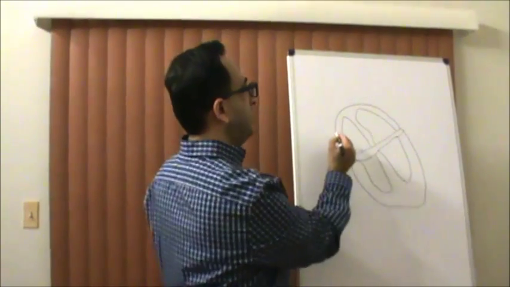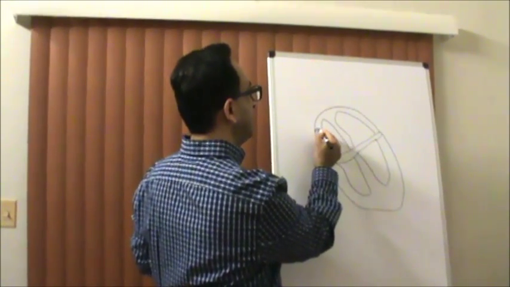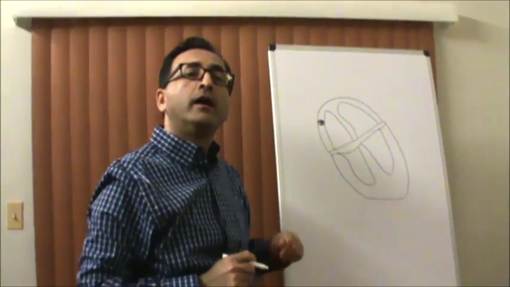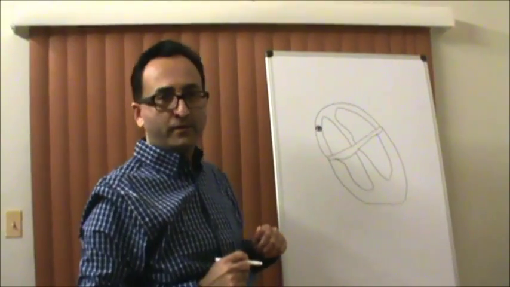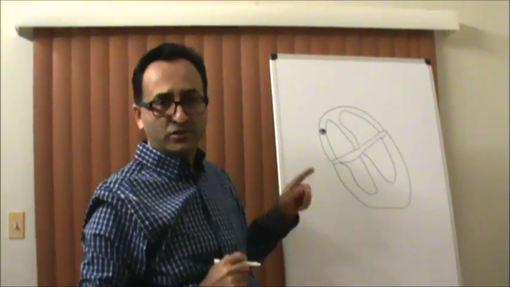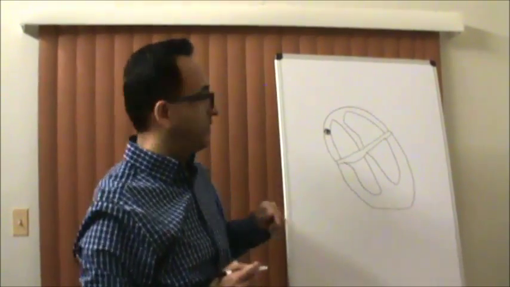Now, here is your friend. This is the sinus node. In a normal heart, the electrical activity or the depolarization starts with the SA node or the sinoatrial node.